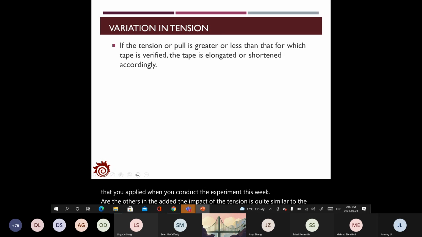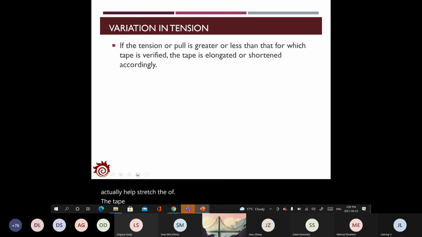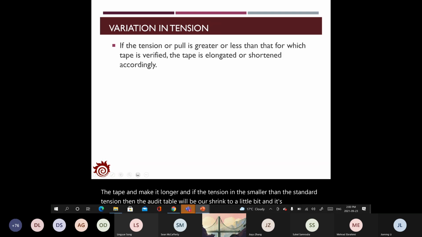Basically, if we apply a very large tension, you will stretch the tape and make it longer. And if the tension is smaller than the standard tension, then the tape will shrink a little bit and be shorter. So there will be a similar effect.